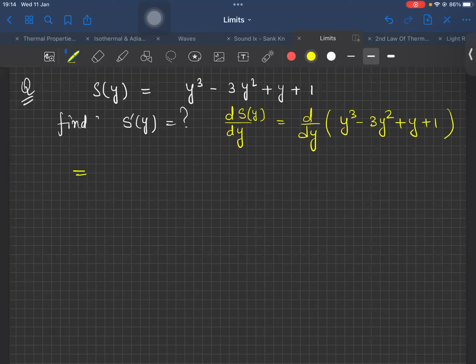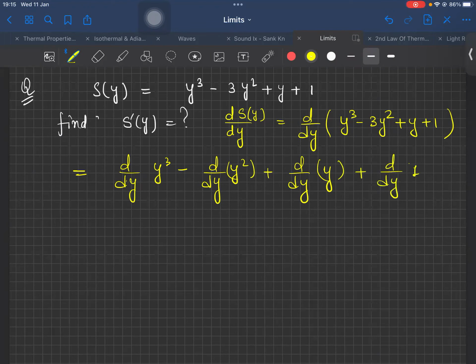So d upon dy of y cube minus d upon dy of 3y square plus d upon dy of y, plus d upon dy of 1. Now what will be the first value? 3y square. Okay, the second one.